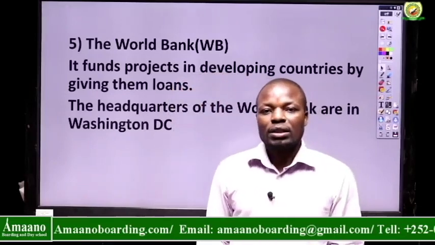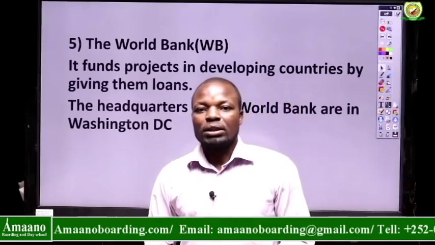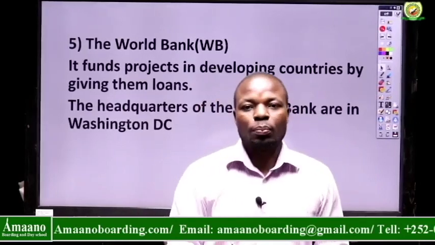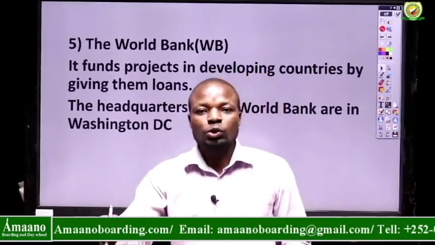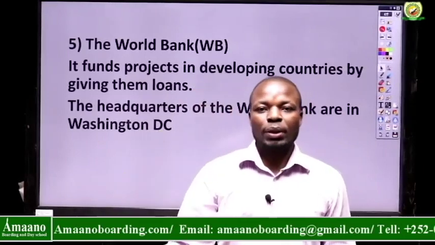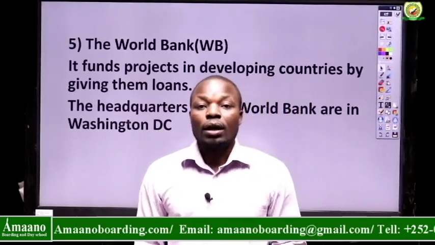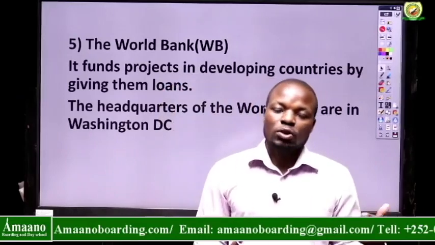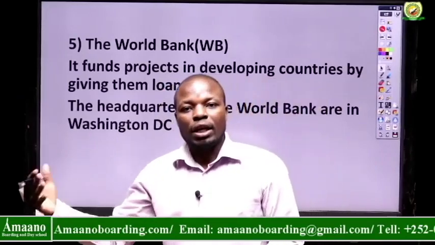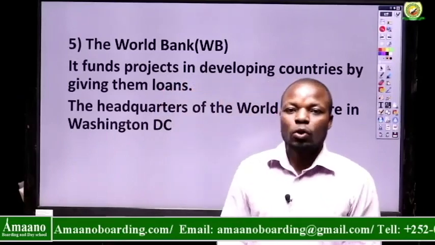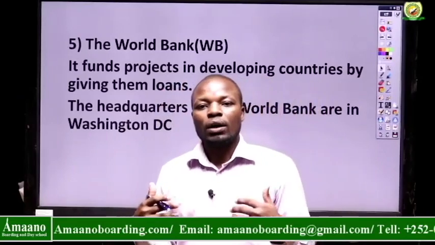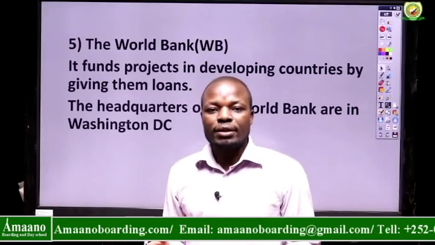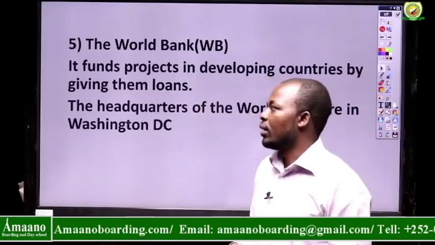It especially gives loans, financial help in terms of money, to countries which are still developing. These countries are particularly African countries that are still developing, South American, and even Asian countries that are still developing. So those kinds of financial needs are normally met by the World Bank.